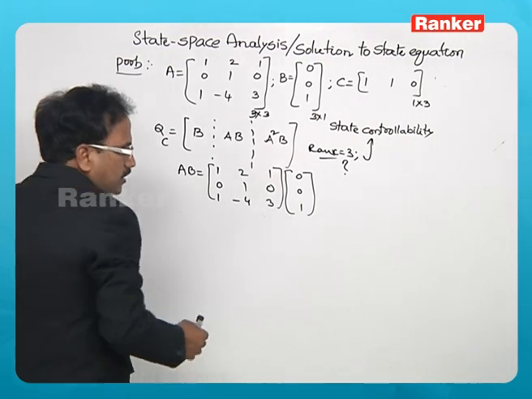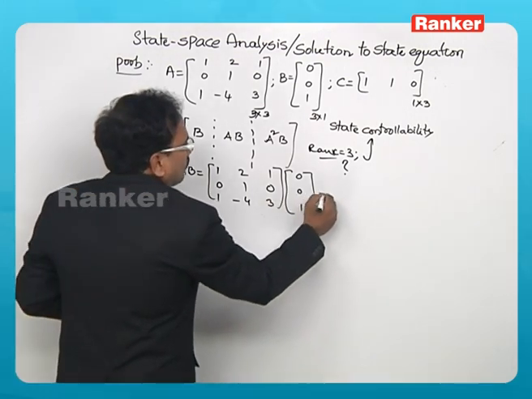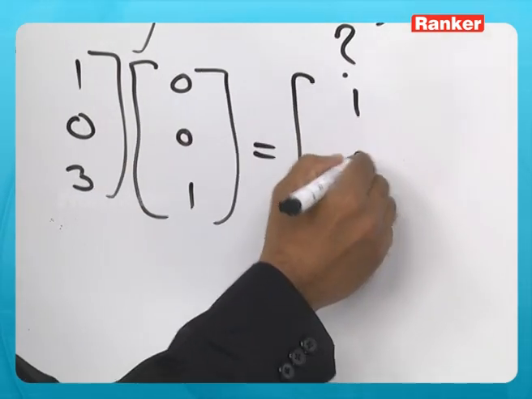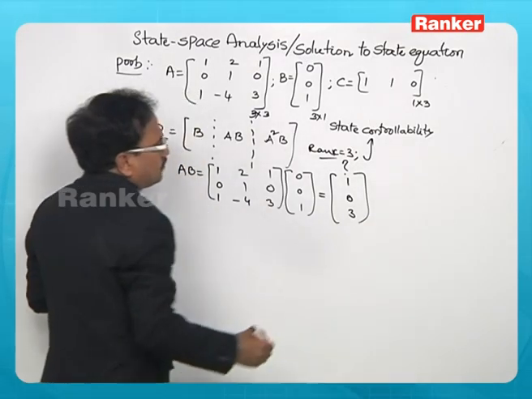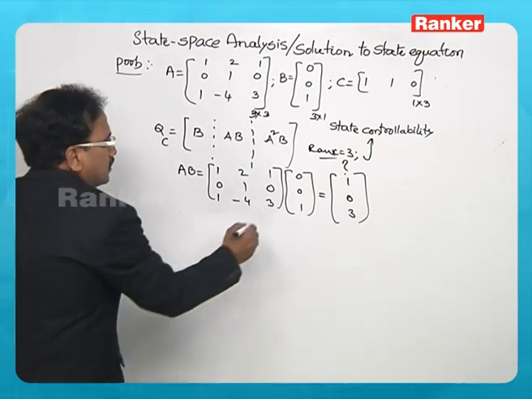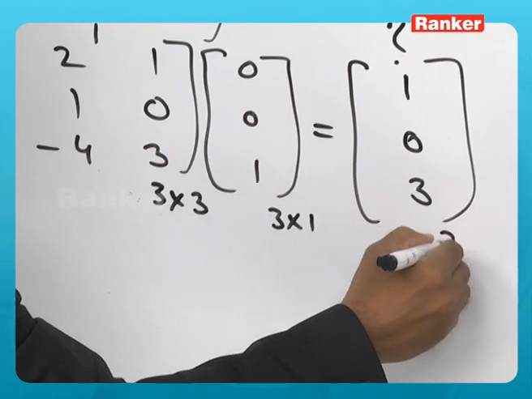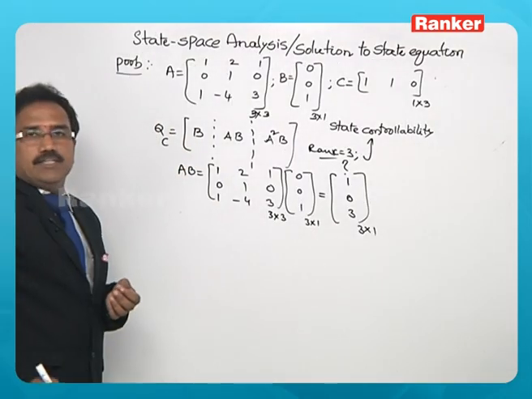The resultant product of these two is AB, you get 1 0 3. A is 3 cross 3 and B is 3 cross 1, so you will get 3 cross 1 as the resultant.